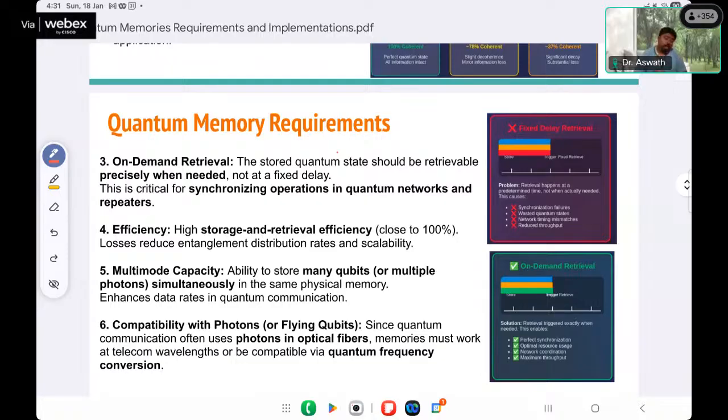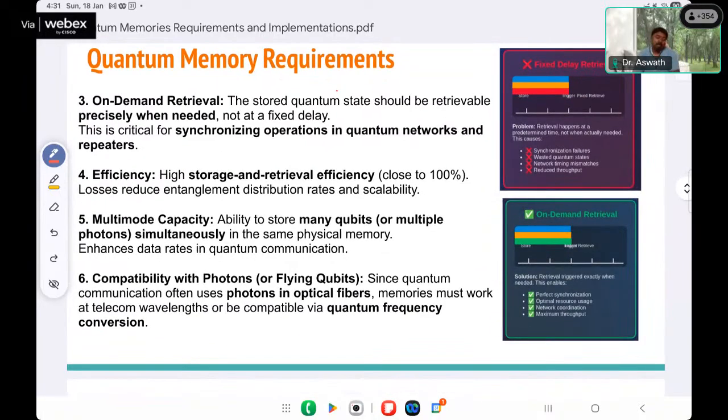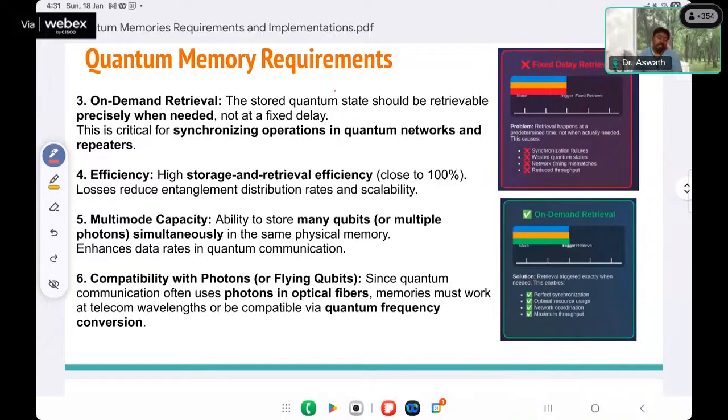Okay, and storage and retrieval efficiency close to 100% is expected. If there are any losses, that would definitely mess with one of the important properties of communication, entanglement distribution rates and scalability, in the sense of extending the networks to longer and longer distances.